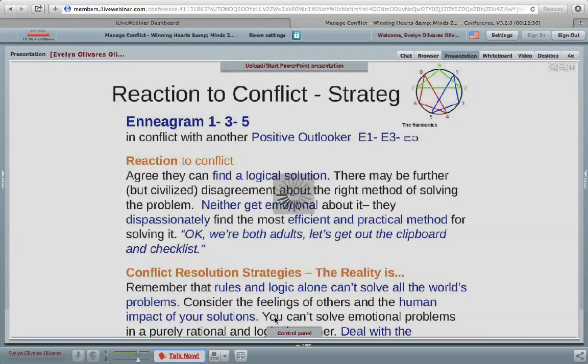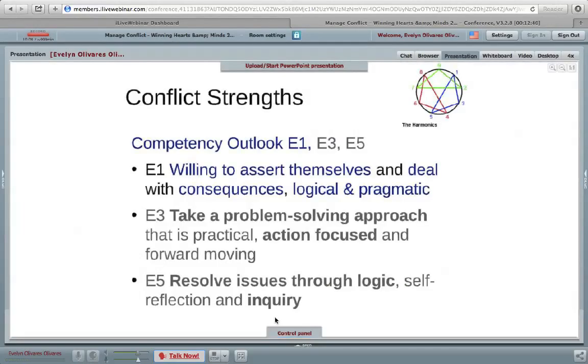If we then look at the strengths of these three types within the group, the perfectionist is willing to assert themselves and deal with consequences in a logical and pragmatic manner. Great people to have on board.